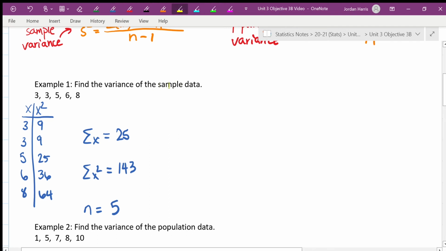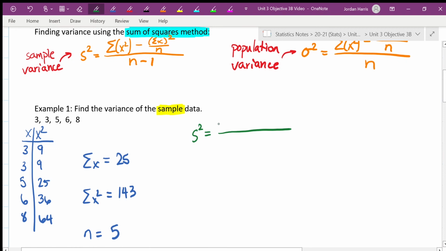This is sample data though. So when we get to our formula, we're using sample variance, s squared. That one says the sum of x squared, so 143, minus the sum of x, 25, then squared, divided by n, all over n minus 1.